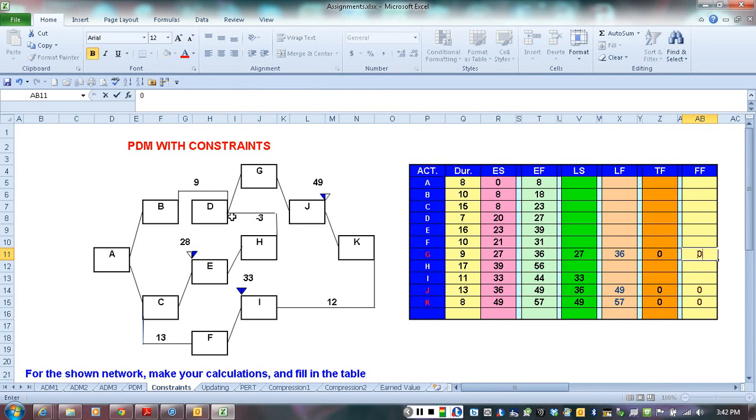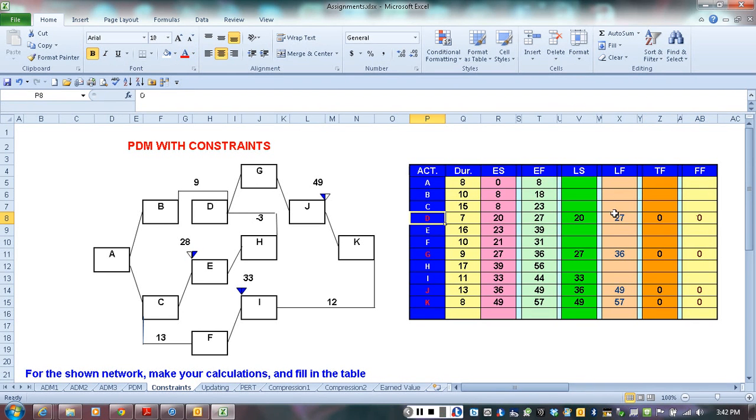Going to activity D, again we can imagine that the critical path is going to go through D and B and A. So D is going to be 27 and 20, 0 and 0, and here is going to be critical as well.